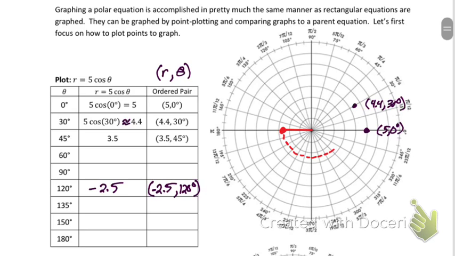Each of those little tick marks is 15 degrees, so we come around, and this would be 90 degrees, this would be 105 degrees, this would be 120 degrees. So this point right here would be the point negative 2.5, 120 degrees. Remember, this is our starting point. A positive angle makes it go counterclockwise. A negative angle makes it go clockwise.